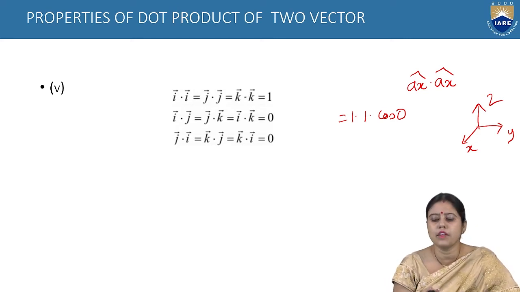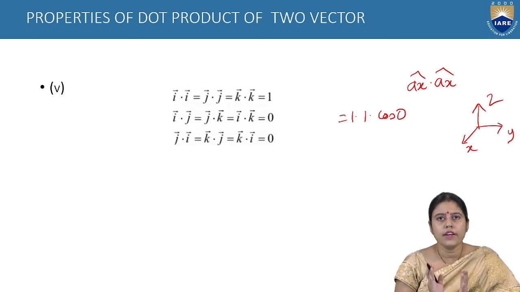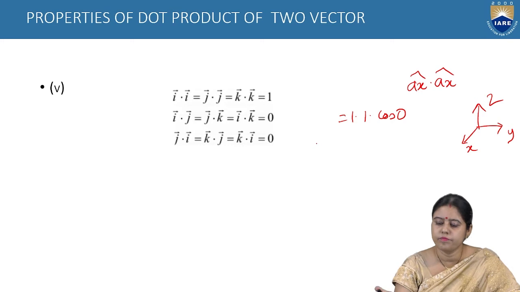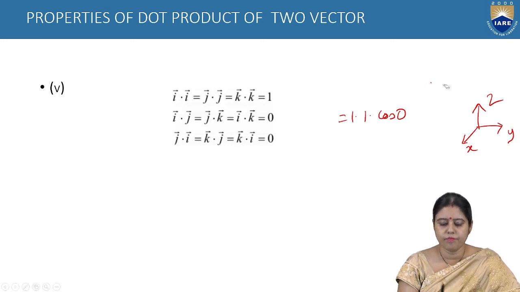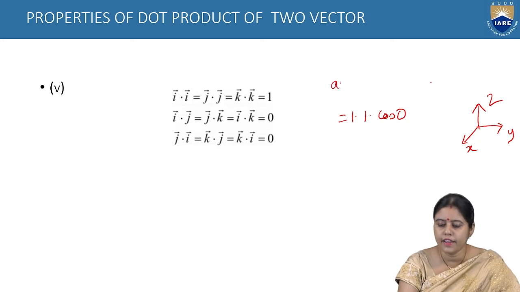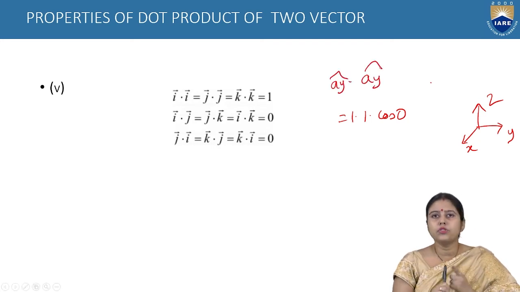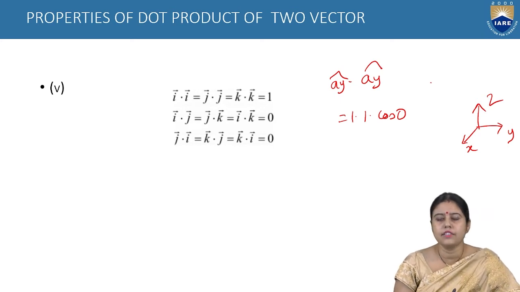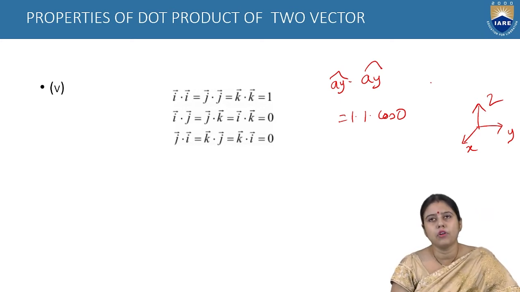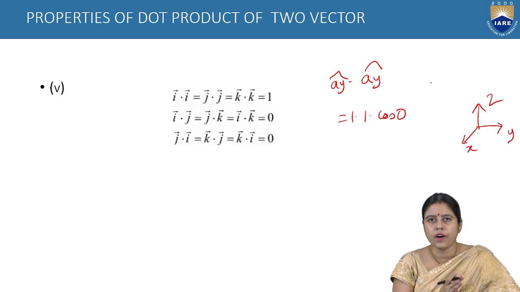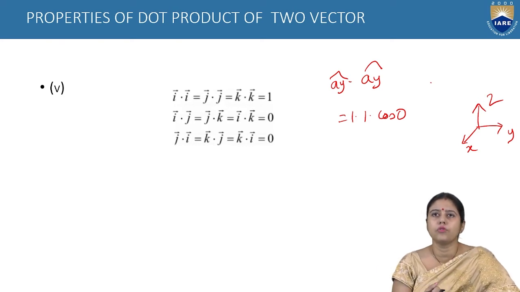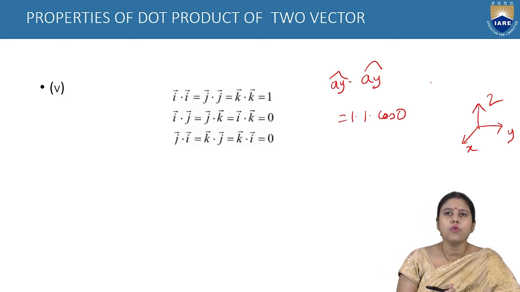Similarly, if two vectors are along the Y direction, AY dot AY, the magnitude is 1 as this is a unit vector and the angle between them is 0. So 1 cos 0, and this is also 1.